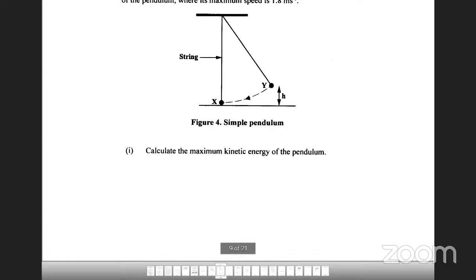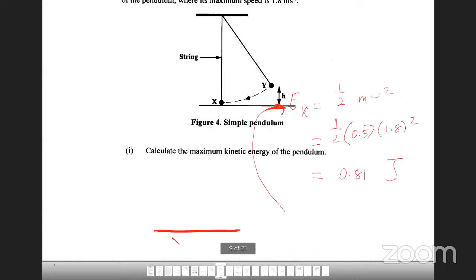Anybody can answer, and we're done. It's just converted, so all the kinetic energy is converted into potential. So the answer is 0.81 joules, right?